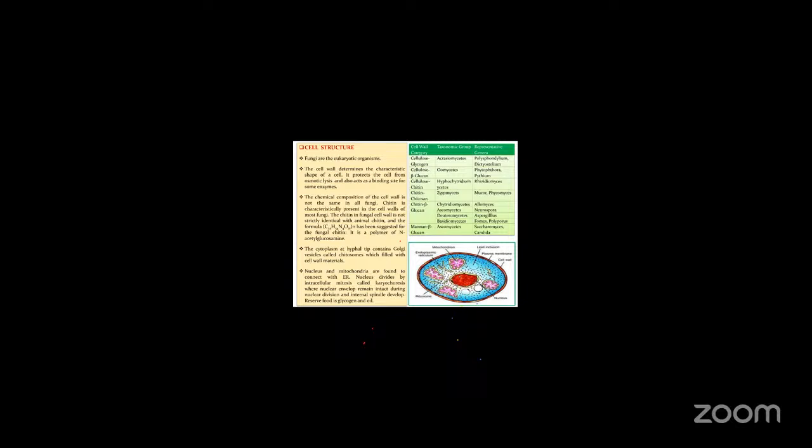The nucleus divides by intranuclear mitosis called karyochorisis, where the nuclear envelope remains intact during nuclear division and an internal spindle develops. The reserve food materials are glycogen and oil bodies. There are different species and compositions.